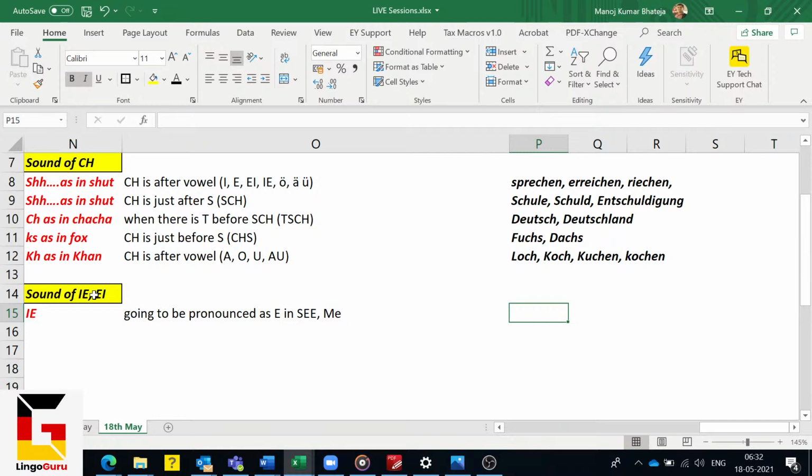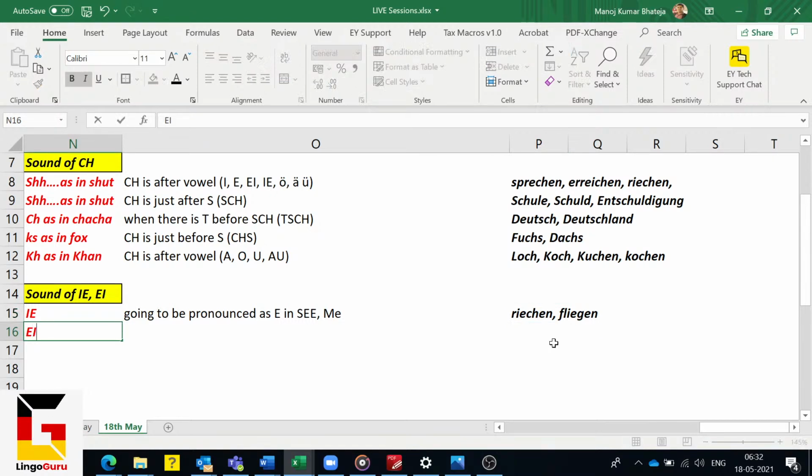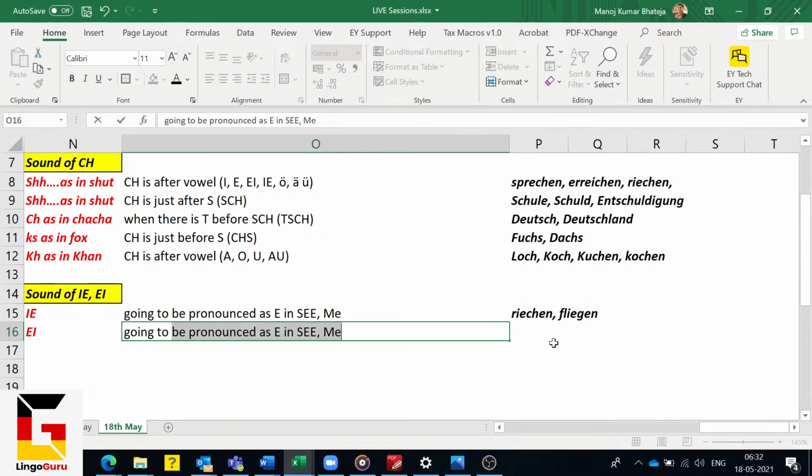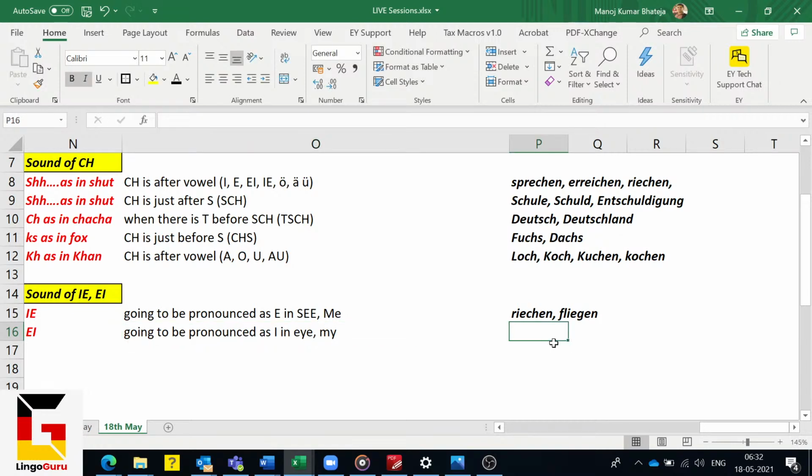Example, we have Riechen. Observe the sound. Riechen, Fliegen. On the other hand, if E is before I, it is going to be pronounced as I in I, my.